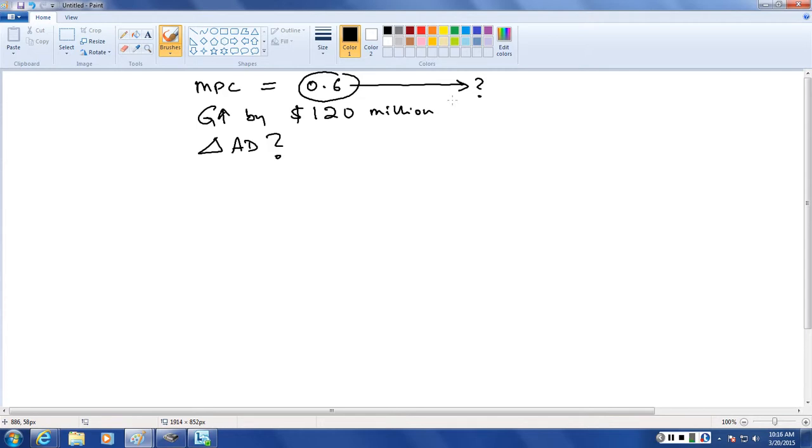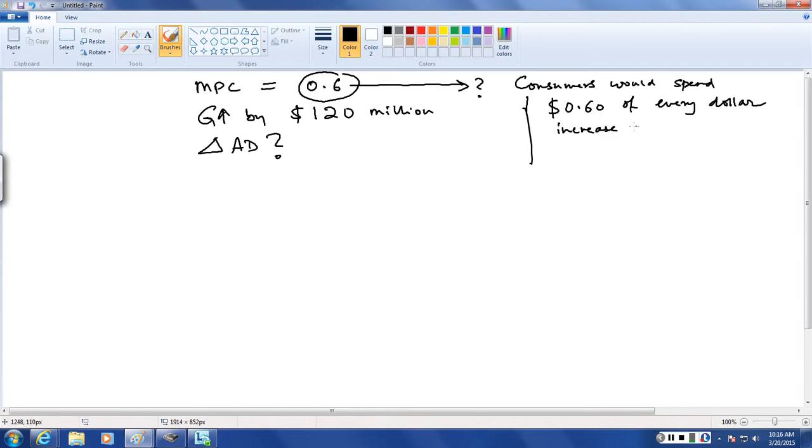So this number indicates that consumers or households would spend $0.6 of every dollar increase in their income.